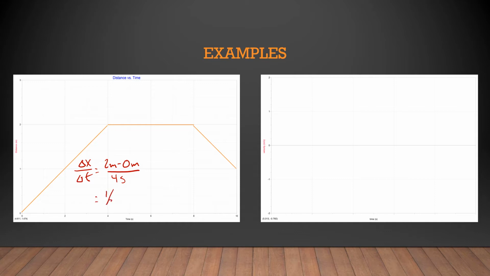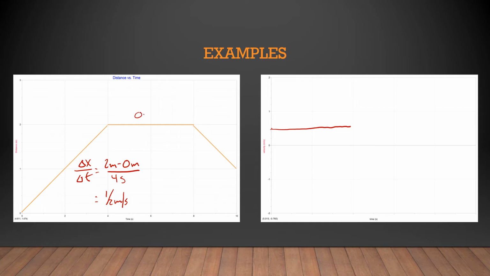So that equals 1/2 meter per second for this first section. Graphing that, since it's a positive 1/2, we'll go right here. And since it's for the first 4 seconds, we're going to assume the numbers are the same. For the first 2 sections, my velocity is going to be 1/2 meter per second.